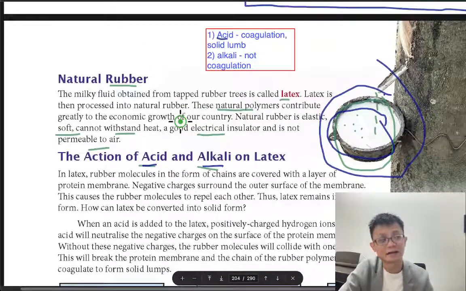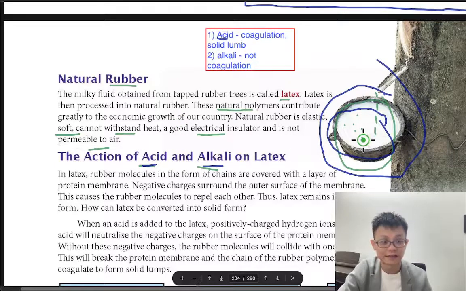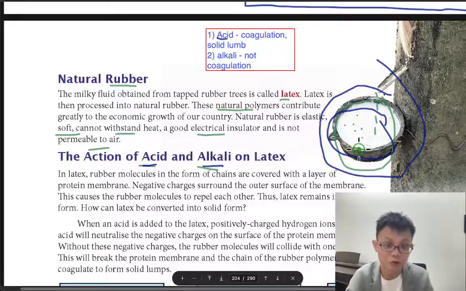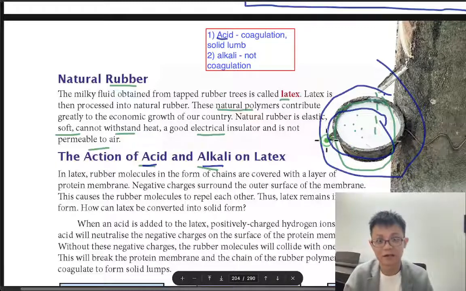The question may ask what happened to the rubber if you put acid. So we say that the rubber will become coagulate. It will become like a solid lump. Let's say the next question asks you, why is it the rubber become solid?